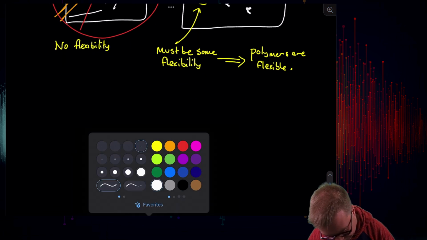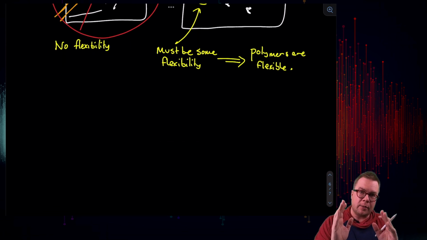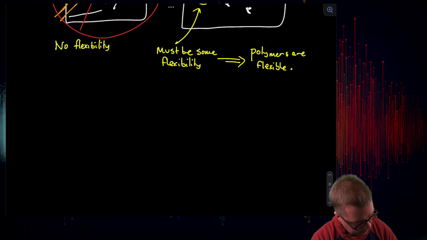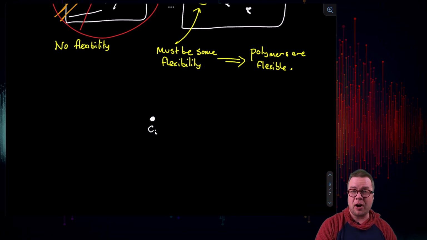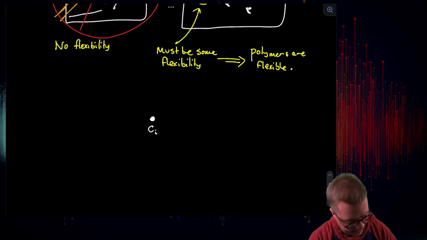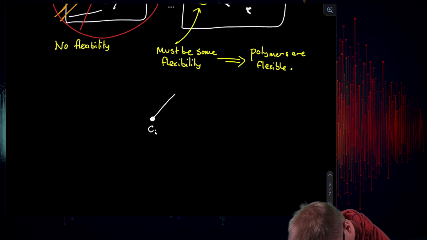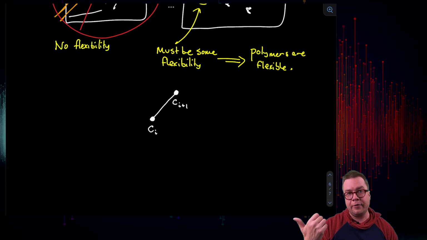And so to do this, let's look at a section of the polymer chain. Let's magnify a section of the polymer chain and see what it looks like. Somewhere in the chain, we have carbon atom number I, and it's going to be connected to carbon I plus 1 on one side, right?